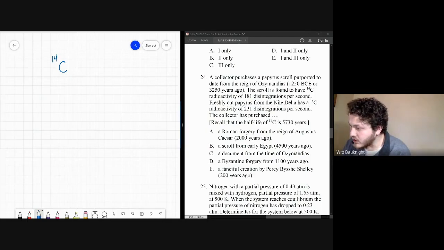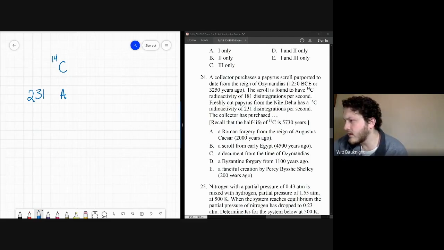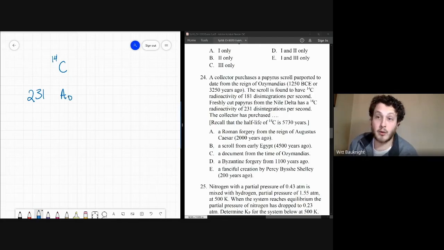A freshly cut piece of papyrus has 213 disintegrations per second. That is going to act as our A0 in this case. That's how many disintegrations this old piece of papyrus had originally. So that's why it's A0.